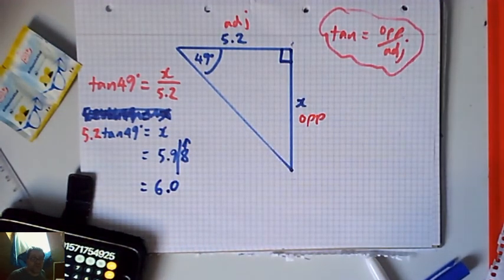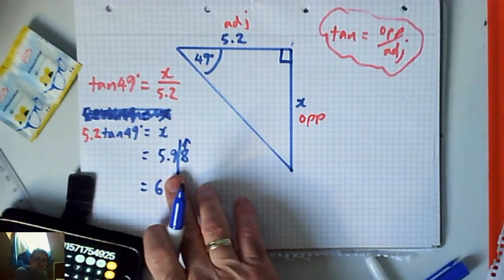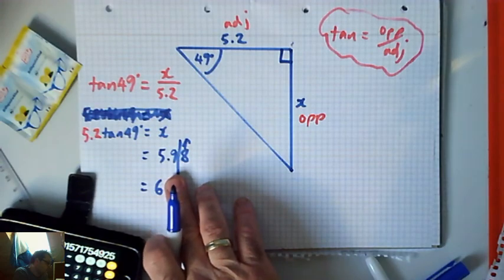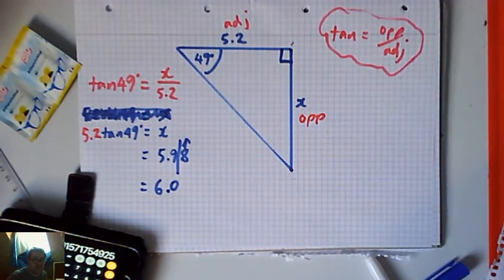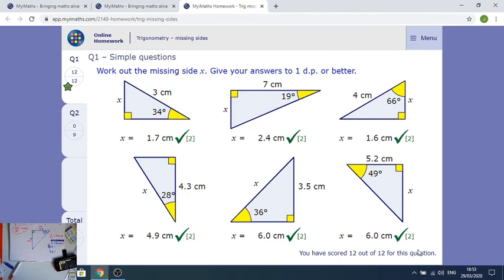So I'm going to put 6.0 on iMaths. Not just 6, because 6 suggests I've rounded it to the nearest whole figure and not to one decimal place. So 6.0 again, and let's mark it. And that's satisfying.